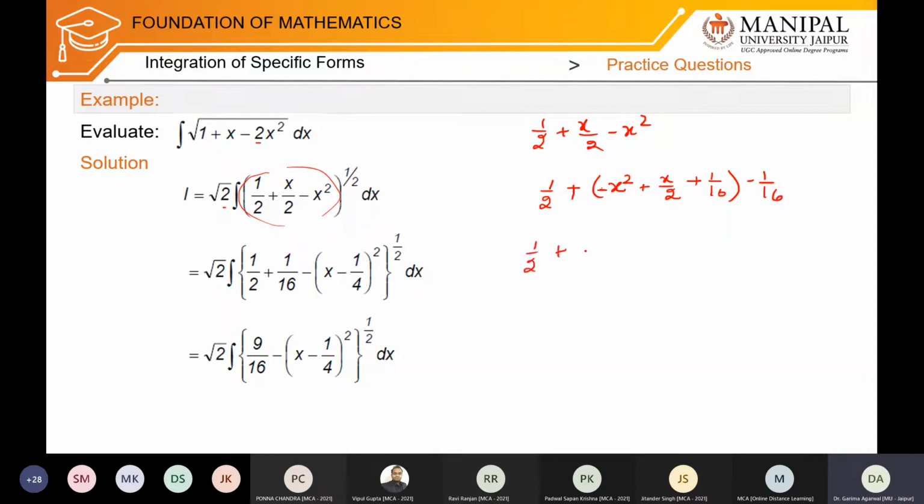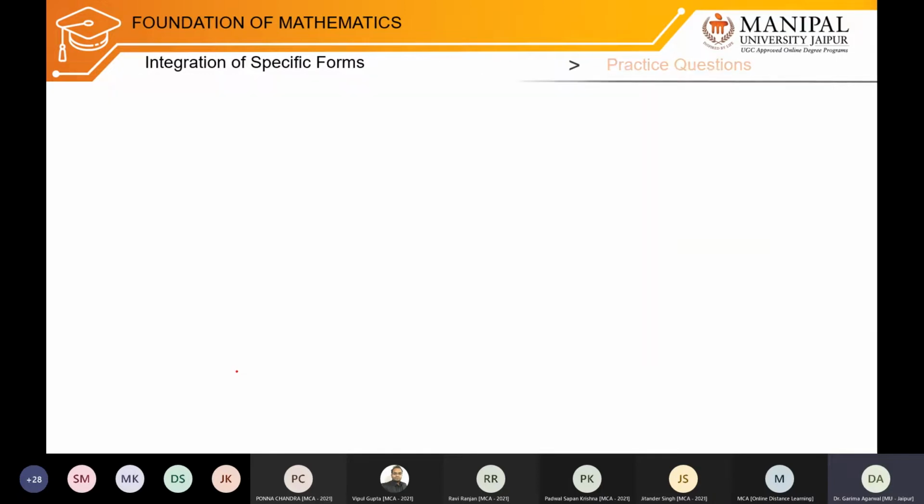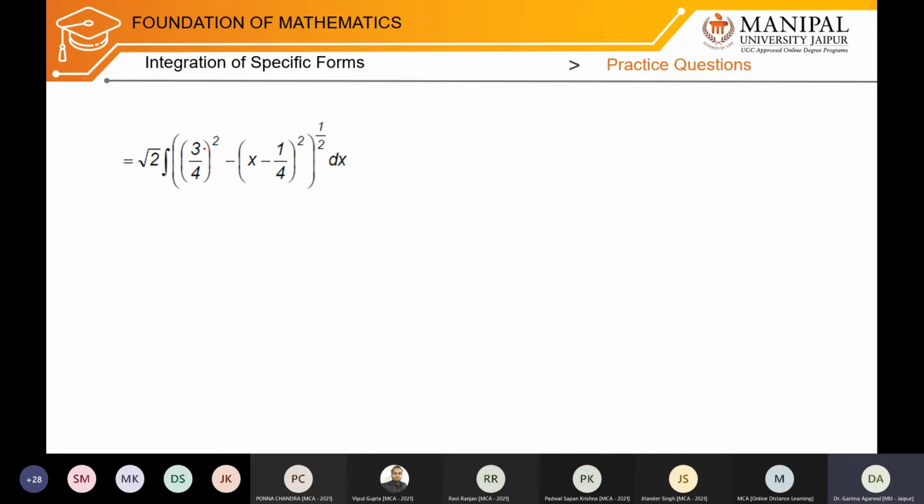And it will convert into 1 by 16 minus (x minus 1 by 4) whole square, and this power 1 by 2 will be there. This 1 by 2 and 1 by 16 will convert into 9 by 16, and this 9 by 16 will convert into 3 by 4 whole square.